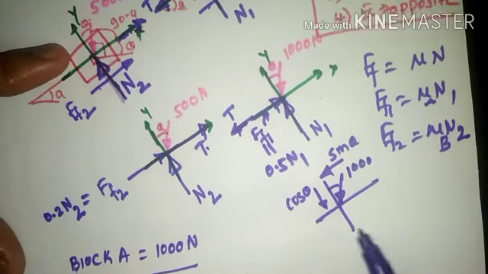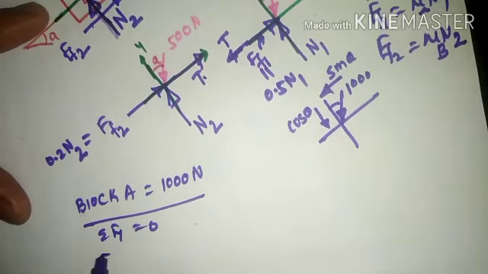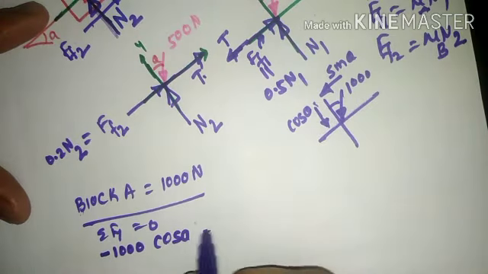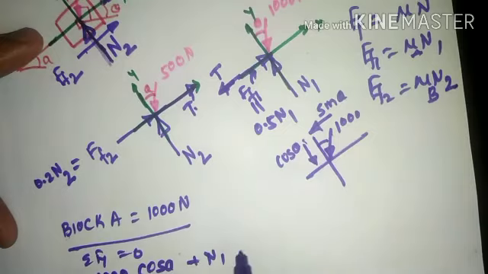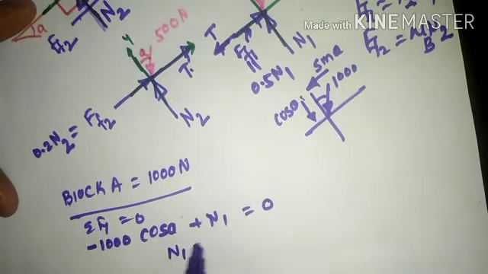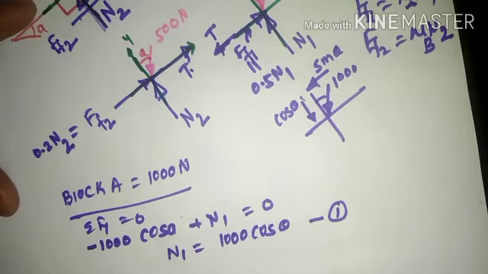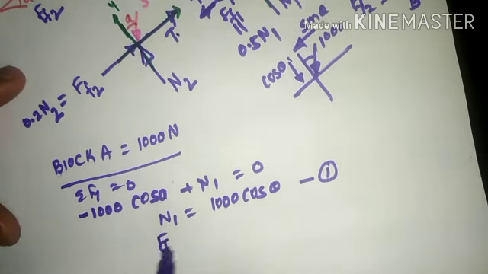Now if I resolve this particular force component parallel to the y direction, it is minus 1000 cos theta, because it is a force downward, plus N1 because the force is upward, and that is equal to 0. So as a resultant, N1 will be 1000 cos theta. Name this as equation number 1. Keeping this equation as it is, we'll try to find the frictional force.